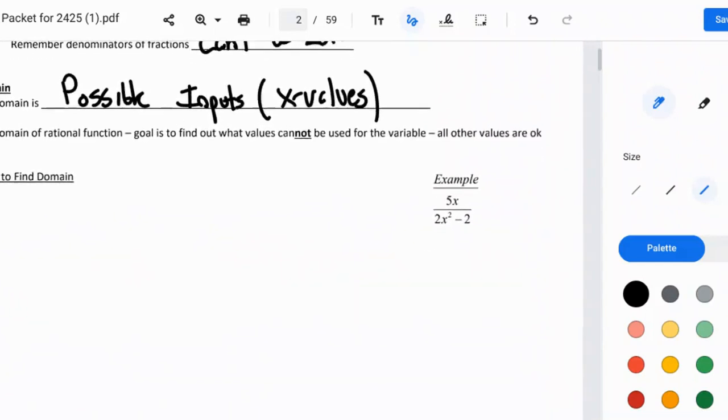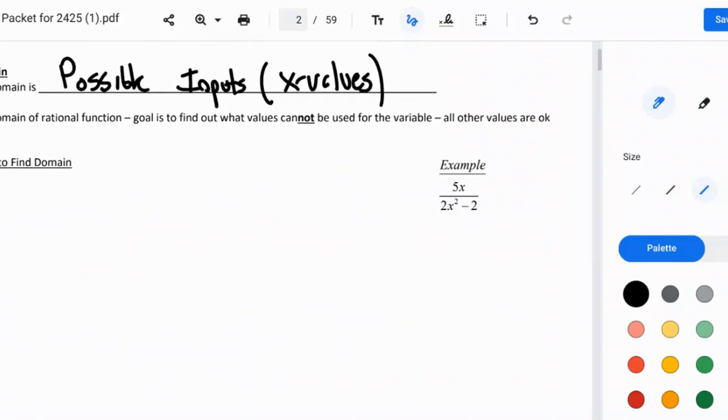So the steps to finding the domain is to first set the denominator equal to 0 and solve.